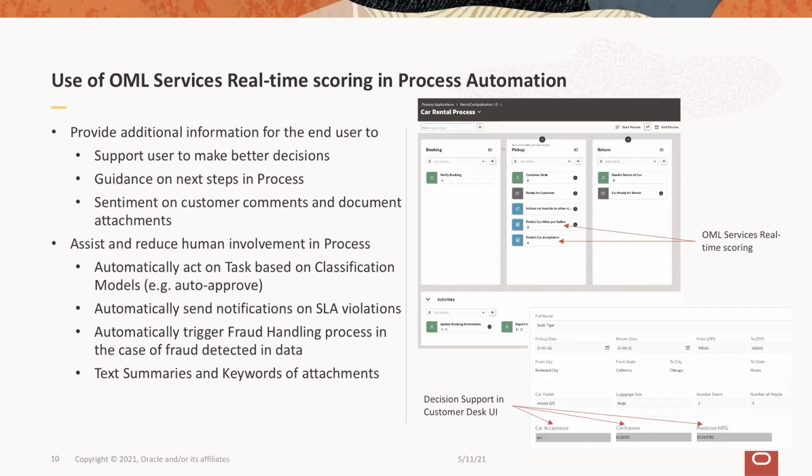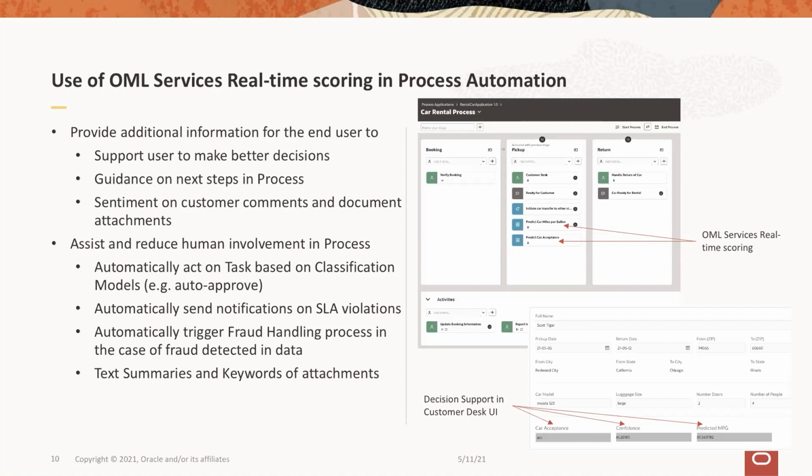Or we assist him and reduce human involvement in the process, meaning that we would automatically act on a task, maybe based on a classification model. We could automatically send notifications based on some SLA violations, for example.